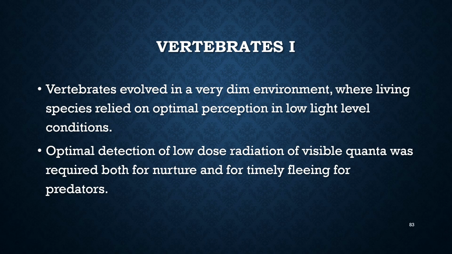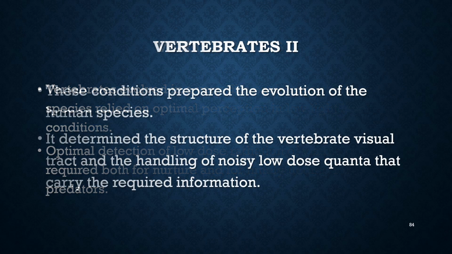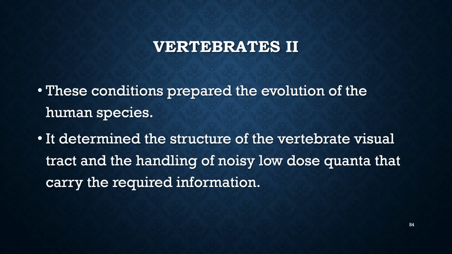Optimal detection of low-dose radiation of visible quanta was required both for nurture and for timely fleeing from predators. These conditions prepared the evolution of the human species. It determined the structure of the vertebrate visual tract and the handling of noisy low-dose quanta that carry the required information.